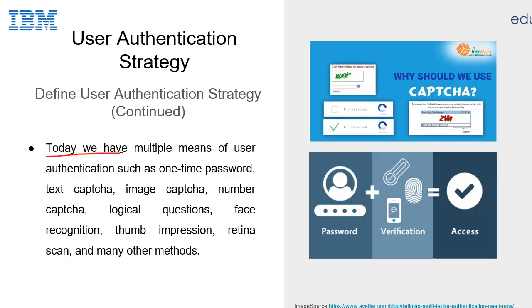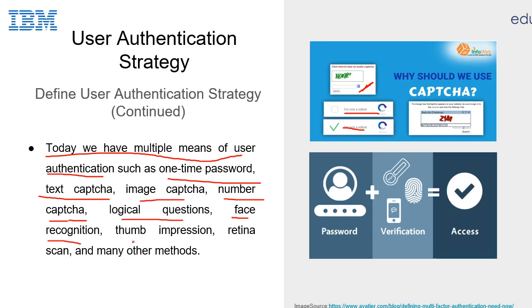Today we have different types of user authentication, like one-time passwords, text captchas and image captchas, number captchas, writing the output for logical expressions or logical questions, and face recognition, thumb impressions, or eye retina scans, or many other methods.